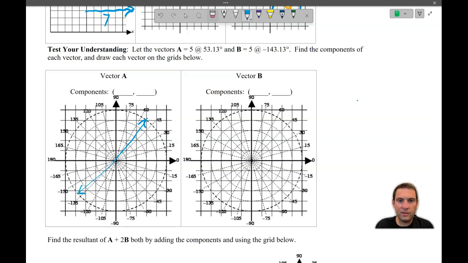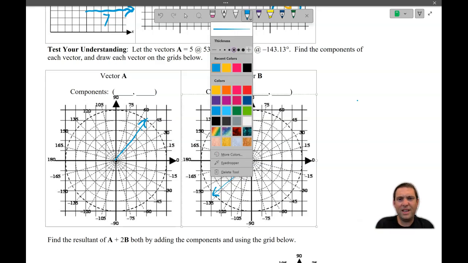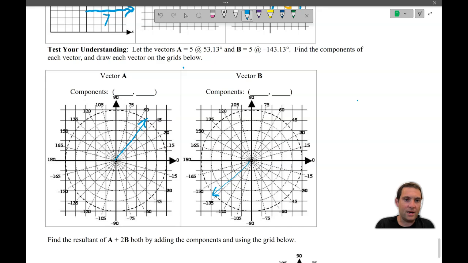Okay, find the components of each vector and draw on the grid below. To find the components, yeah, let's get the calculators out, right? Why not? To find the x component, remember it's going to be magnitude times cosine of the angle.